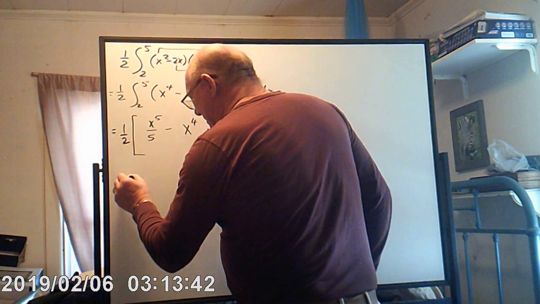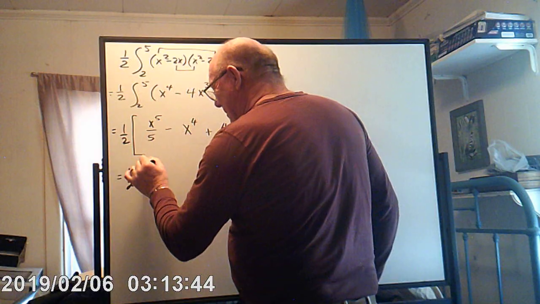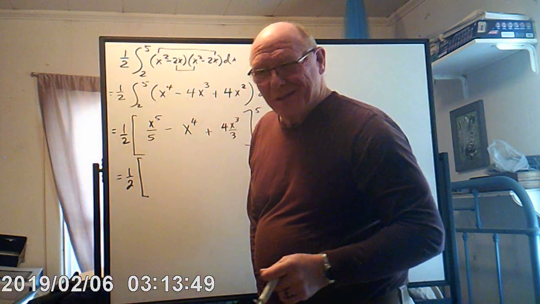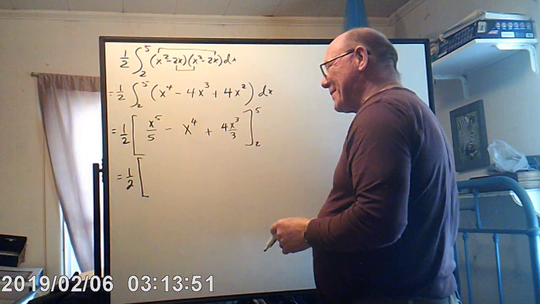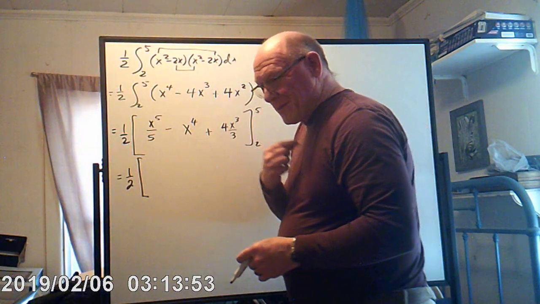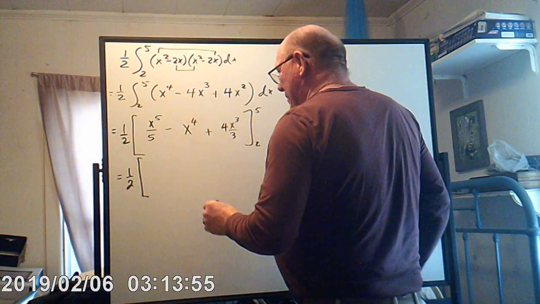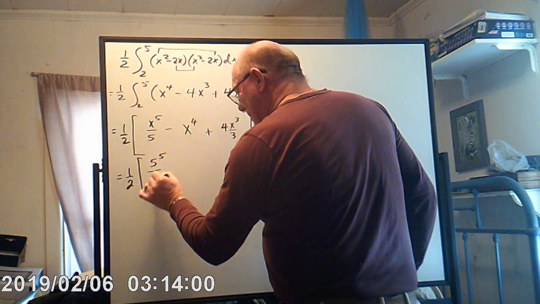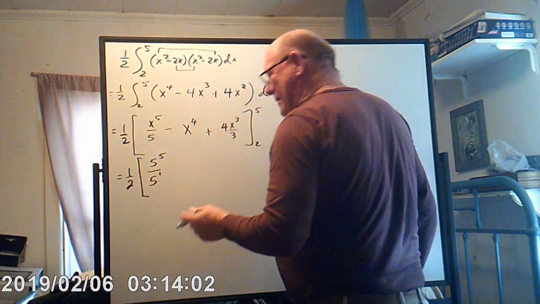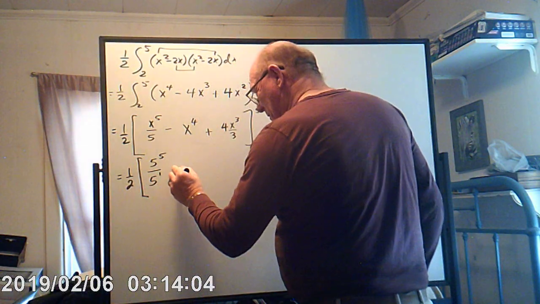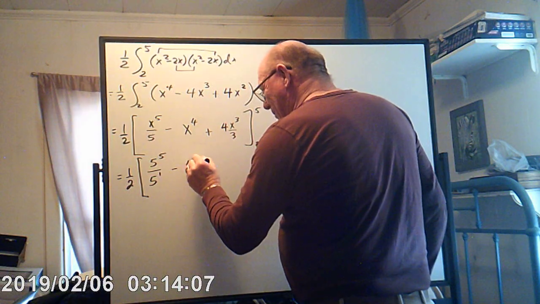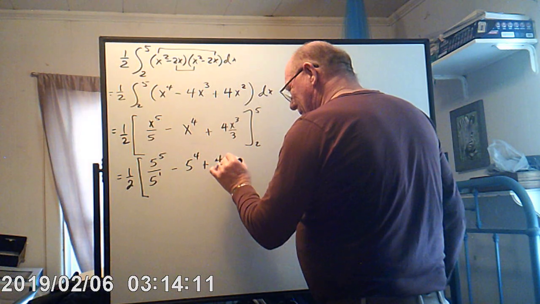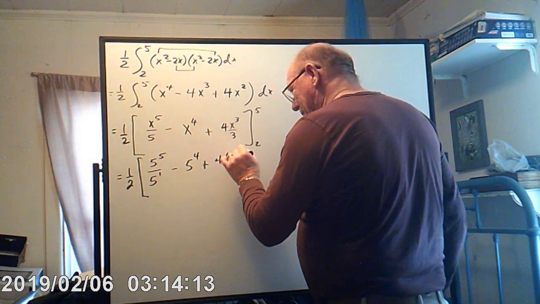Alright, now let's start putting these numbers in. And I imagine somebody could tell me an easier way to do this, and I know there is, but we are going to go ahead and do this. Alright, so 5 to the 5th, and I'd like to just say 5 to the 1st. Alright, 5 to the 4th plus 4 times 5 cubed.